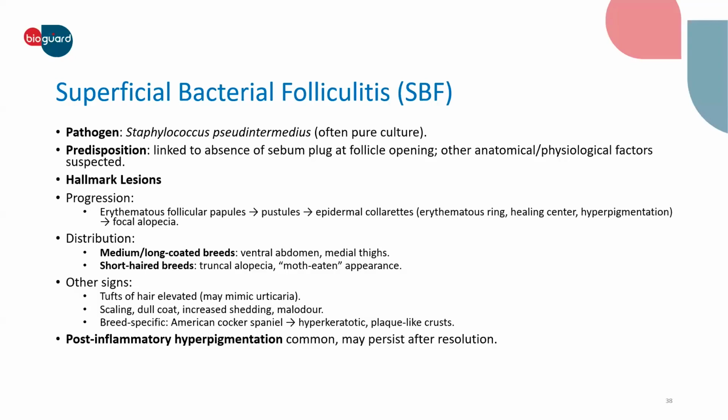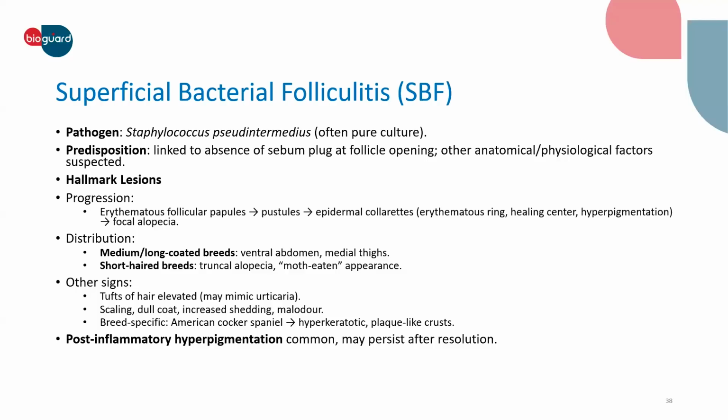And the distribution would be most common in medium and long-coated breeds in the ventral abdomen and medial thigh. And for short-haired breeds, it's usually truncal alopecia with a moth-eaten appearance.